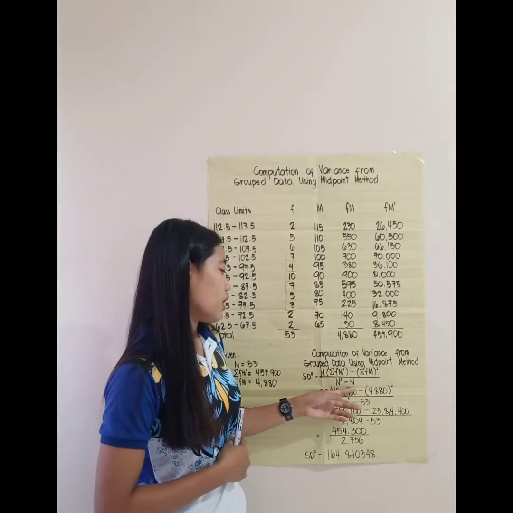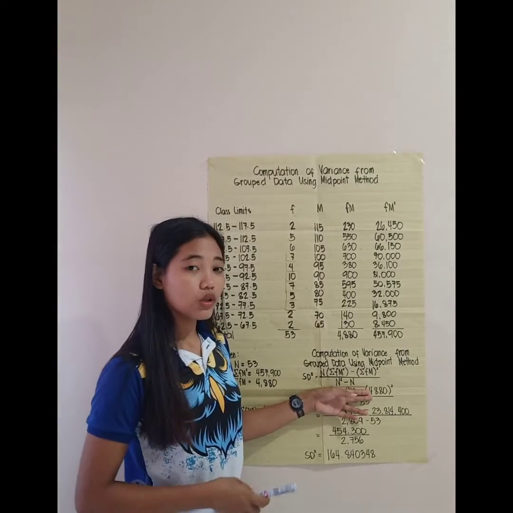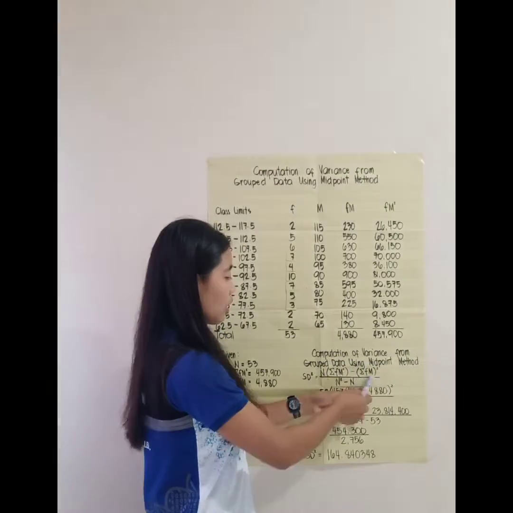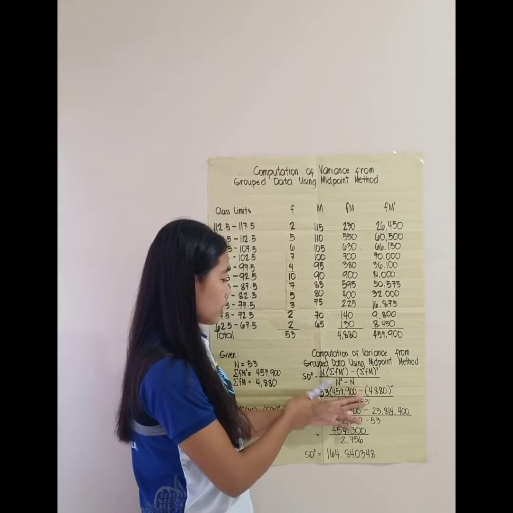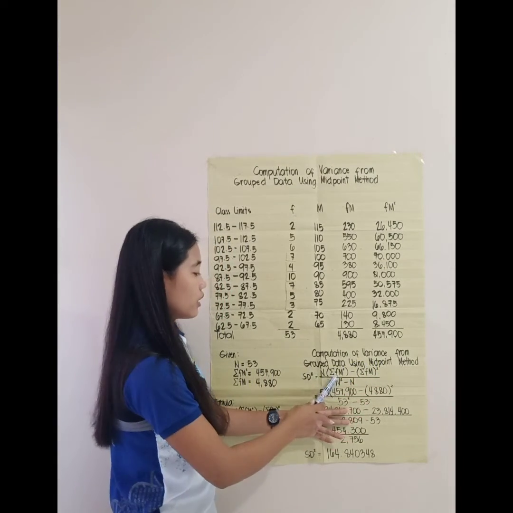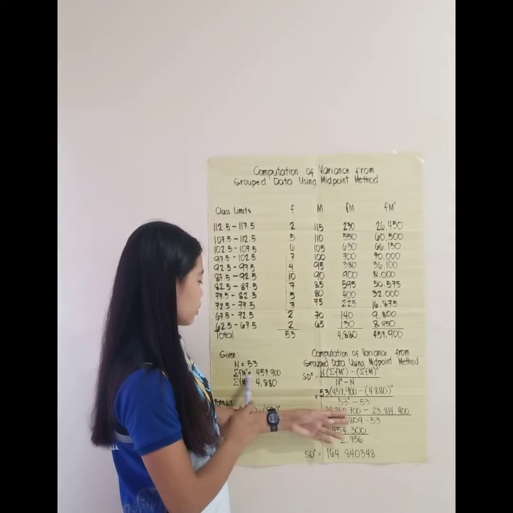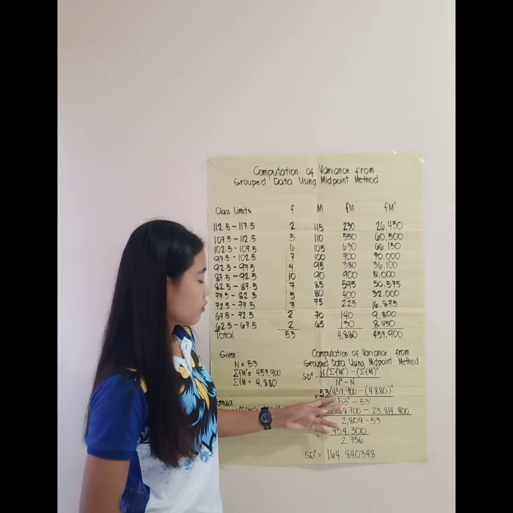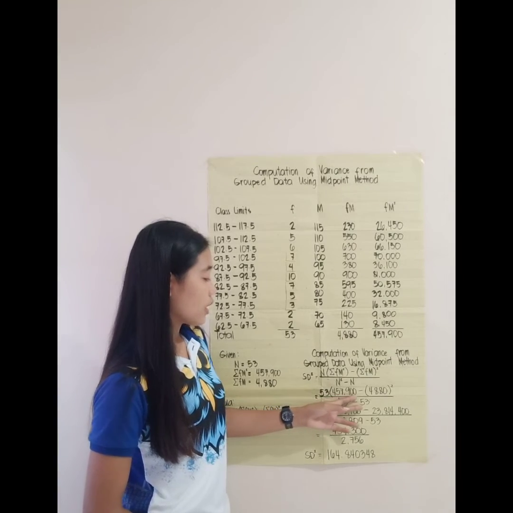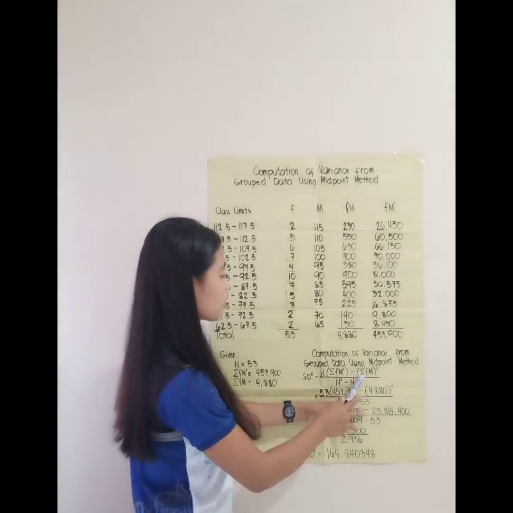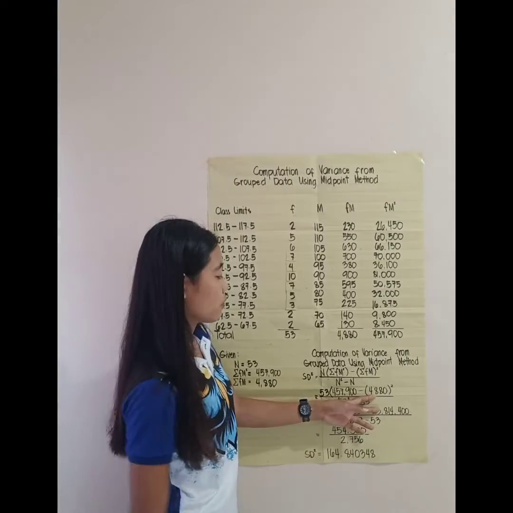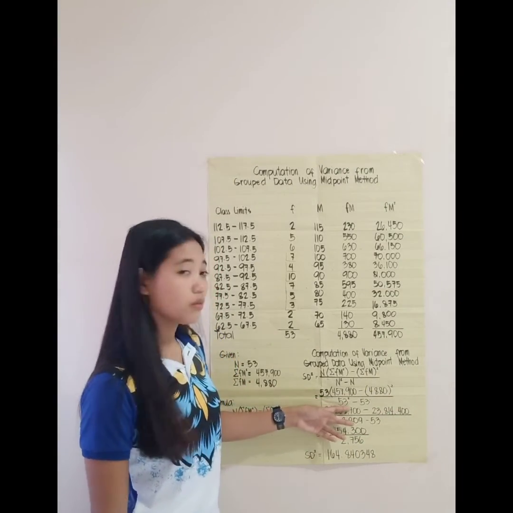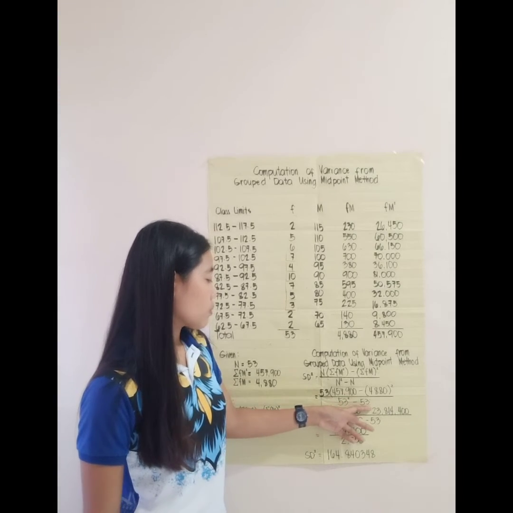To substitute into our formula, let's substitute first in the upper part. N is 53, the summation of FM squared is 457,900, and the sum of FM is 4,880, divided by N, 53 squared minus 53.